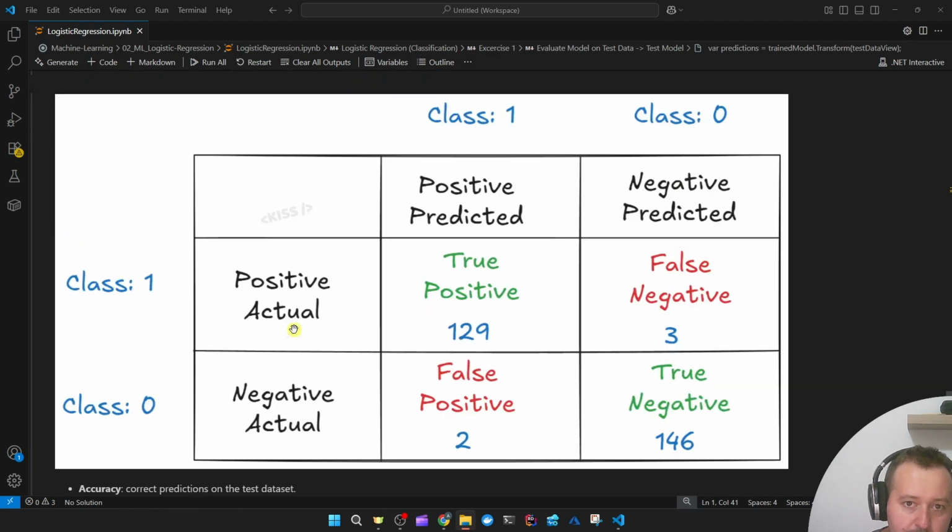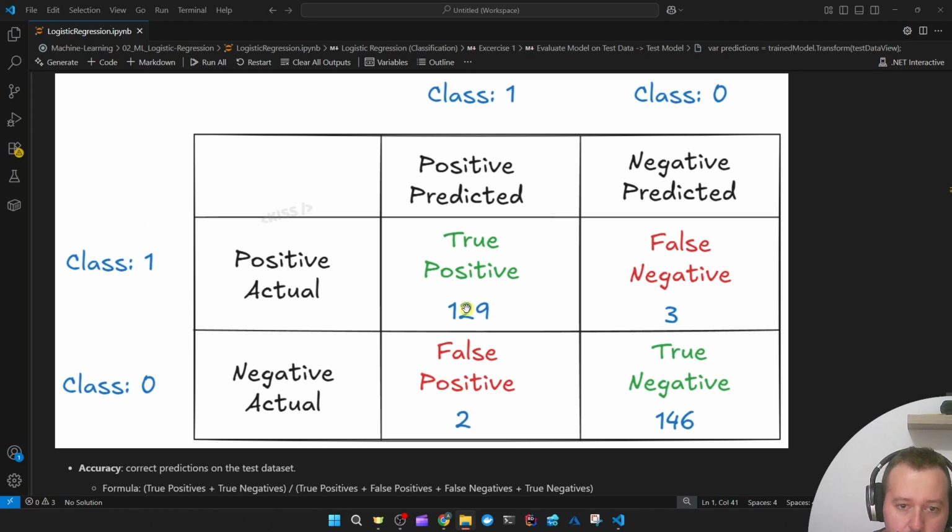So let's see now. Let's say we had about 131 people with heart disease, if I'm not mistaken, and 150-ish without heart disease. So let's say the training was finished and we used the test data on the trained model, and it predicted 129 times correctly that someone is likely to have the heart disease, and that's 129 correct predictions.